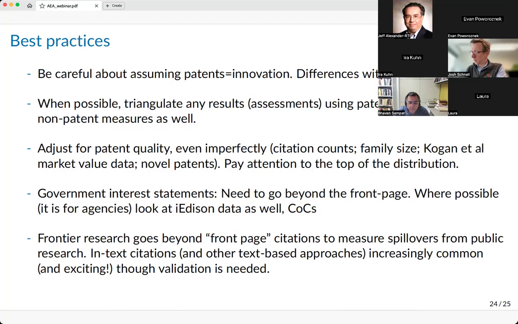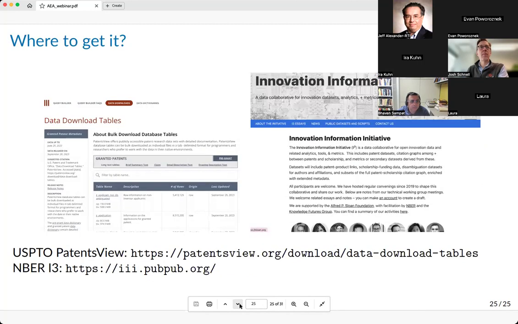There are various other teams as well. If you go to, Josh, if you could advance the slide, on the right here, the NBER's Innovation Information Initiative, there's a Google Sheet linked there, and you can see various other teams that have provided data sets as well. I personally use Matt Marx's because it's the one I'm most familiar with and feel reasonably confident with if you use his confidence scores as well. Great, thank you.